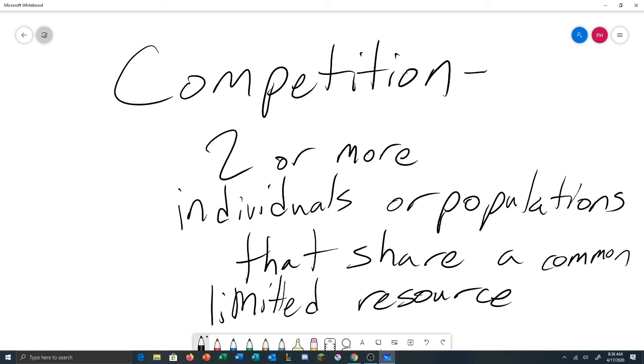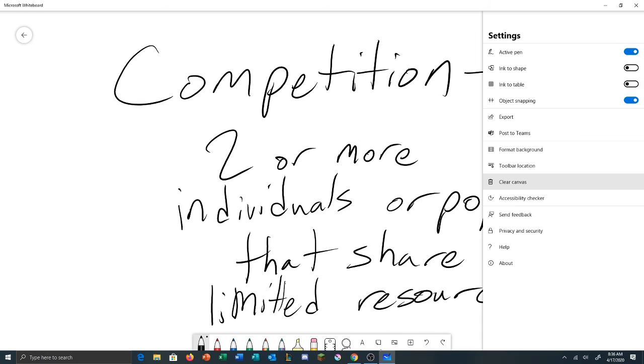Two or more individuals or populations that share a common limited resource. What does that mean for us?